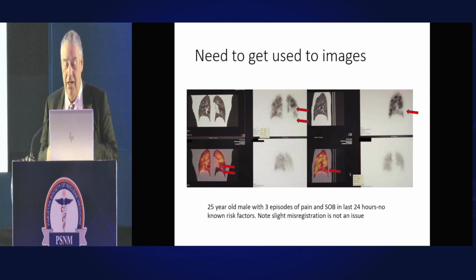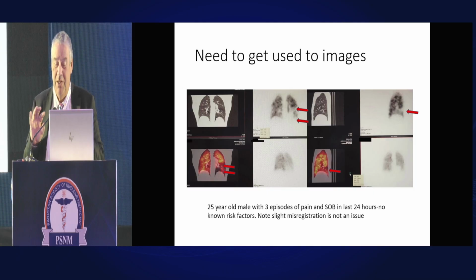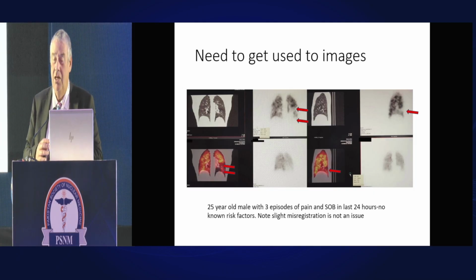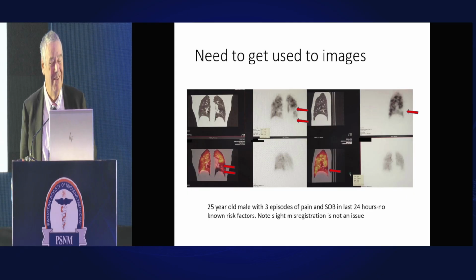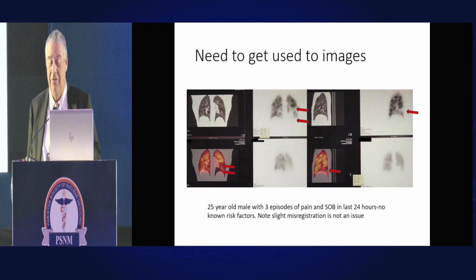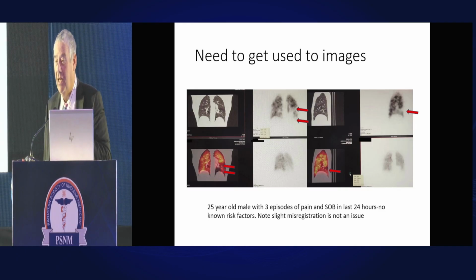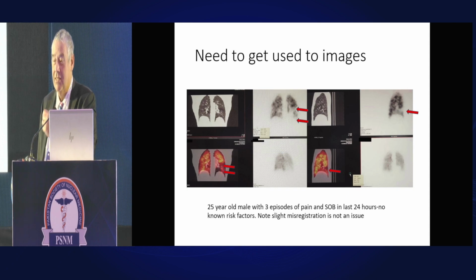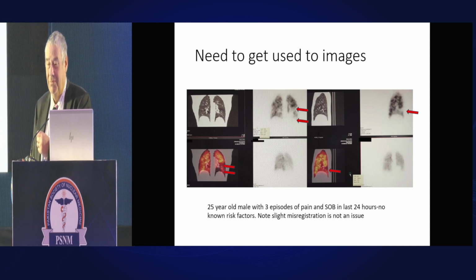And here you can see there is a slight misregistration, but it doesn't matter because clearly there are perfusion defects. You see the red arrows showing that basically within the lower lobe of the left lung there are segmental defects. And if you look at the CT very carefully, you'll notice the CT looks quite black there. And that's because there's no lung markings, because there's no perfusion of the vessels. Okay?